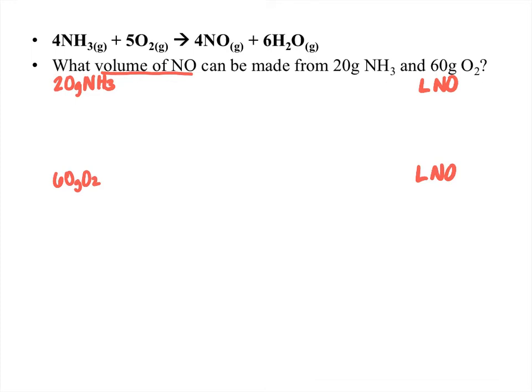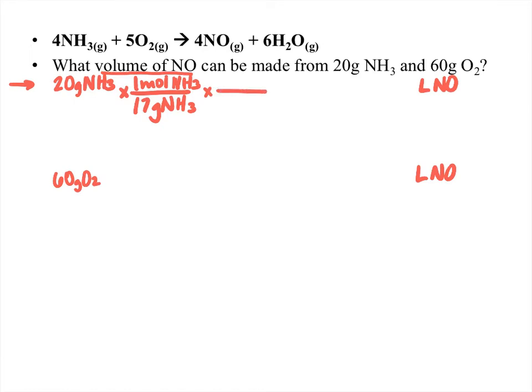Now, this doesn't say it's at STP, but we're just going to assume that because we can use our easy conversion factor that way. So our first step, we're going to do the first run here. We're going to convert grams to moles. 1 mole of ammonia has a mass of 17 grams, because nitrogen is 14 and 3 hydrogens at 1 apiece.